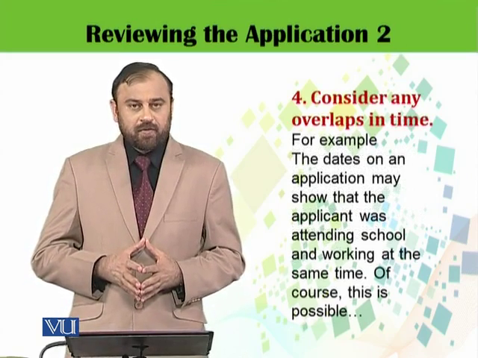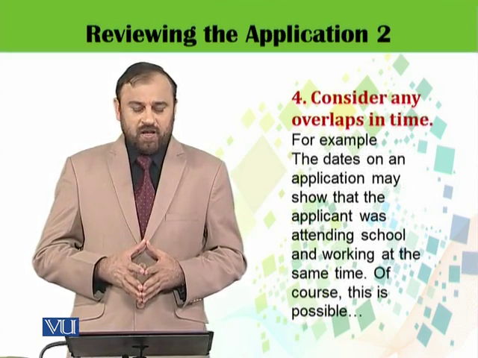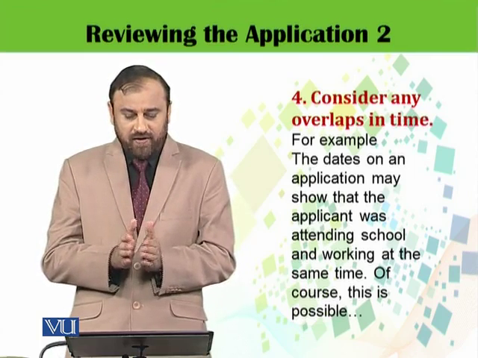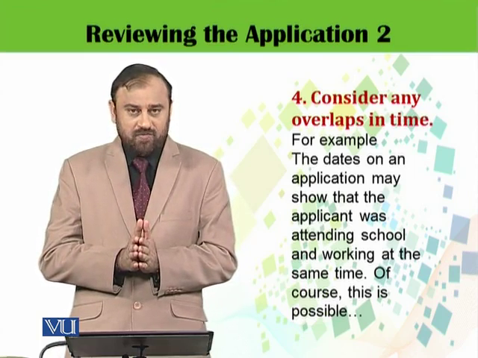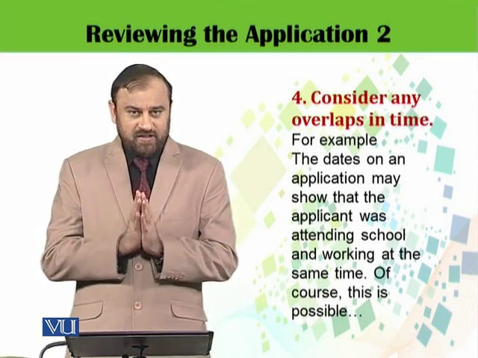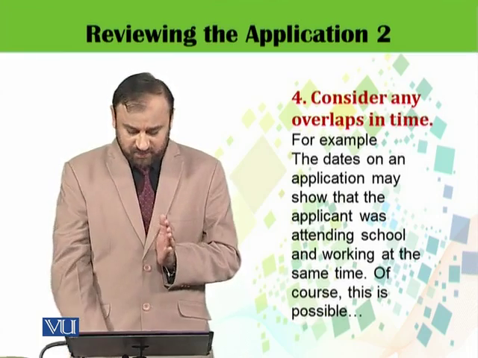Number 4, consider any overlaps in time. Sometimes a person is working and also studying. For example, the dates on an application may show that the applicant was attending school and working at the same time. It can happen, and there is no problem in it. Of course, this is possible.